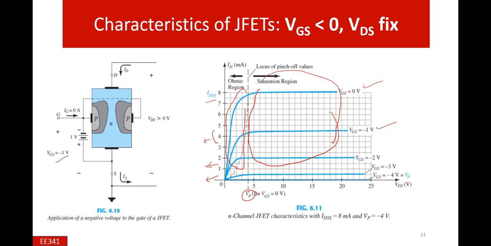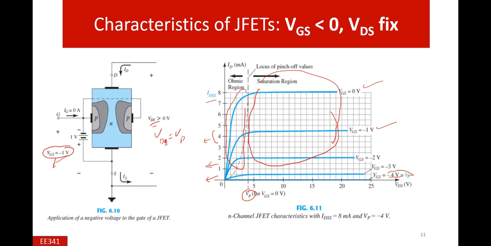If this negative VGS voltage is equal to the pinch voltage, and VDS is equal to VP, what happens?